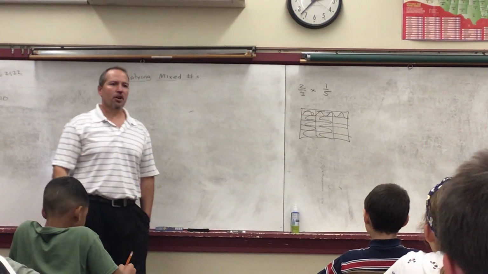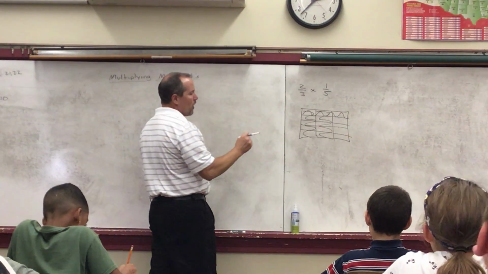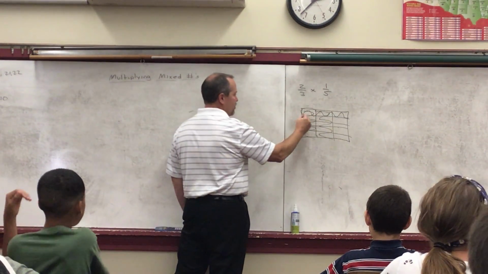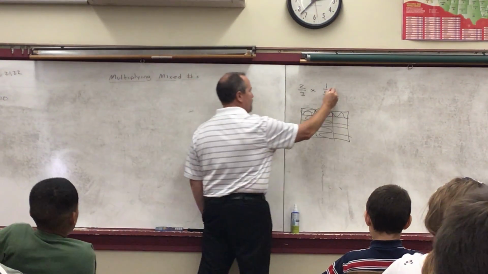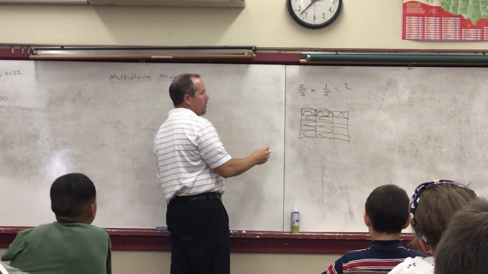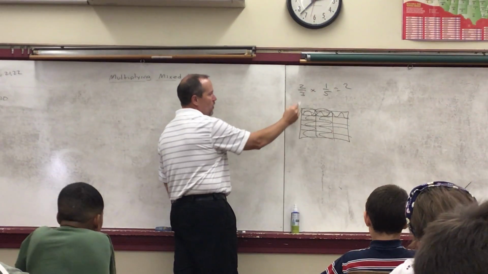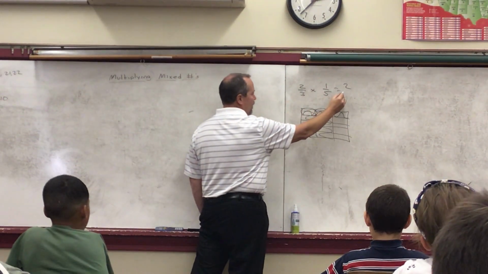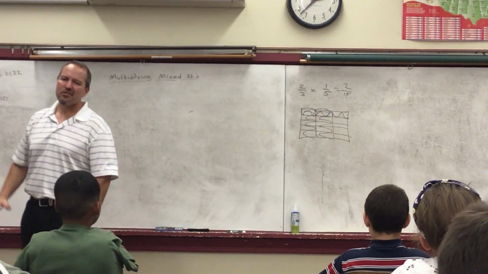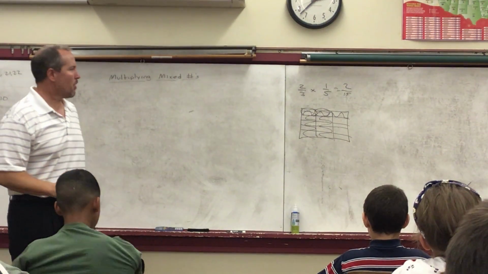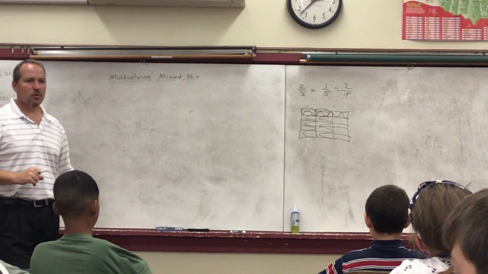And then, when you multiply, the ones that are colored in both directions, that would be your numerator. And then your denominator is how many sections you've created, or we simply take 3 times 5, which is 15. Okay? So if we were to draw a picture of multiplying fractions, that's what it would look like.